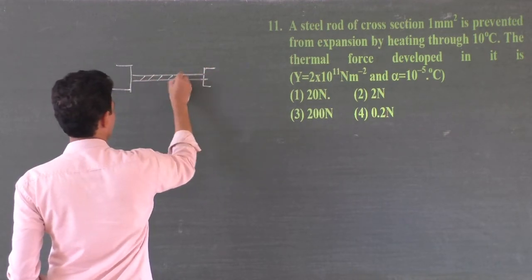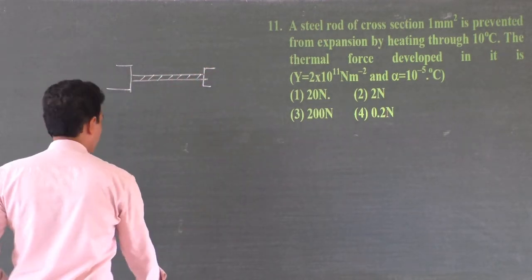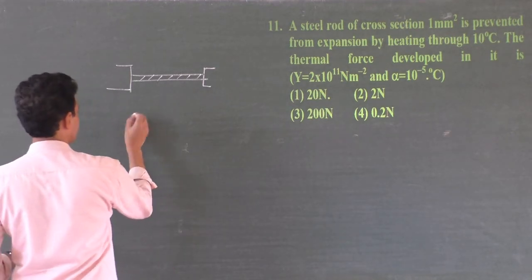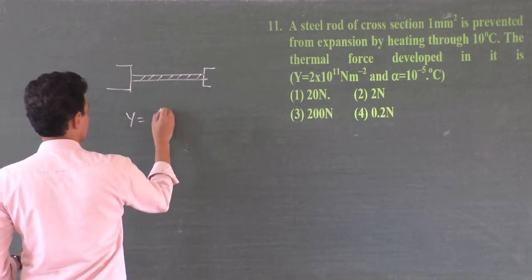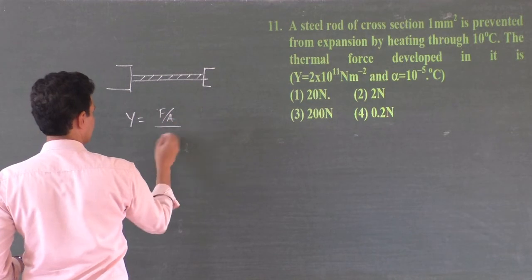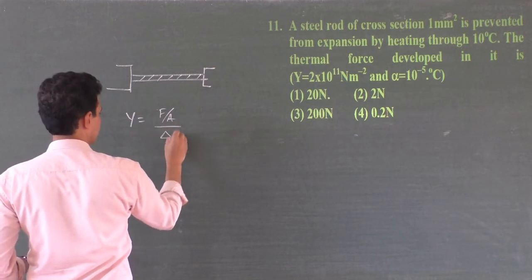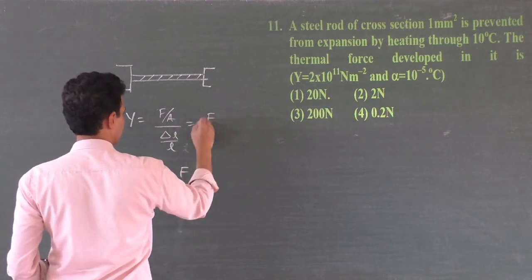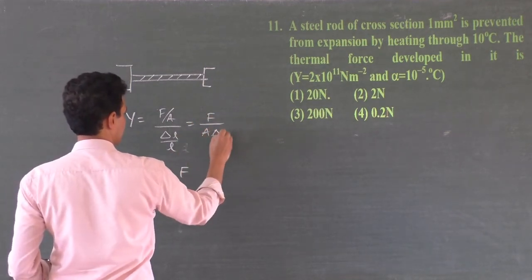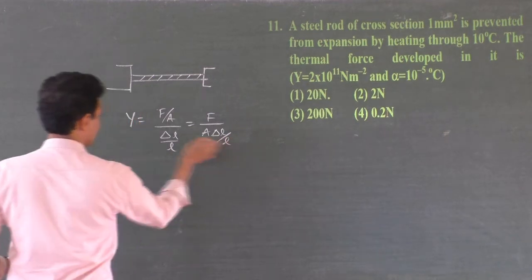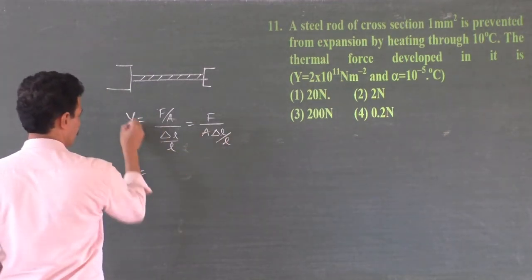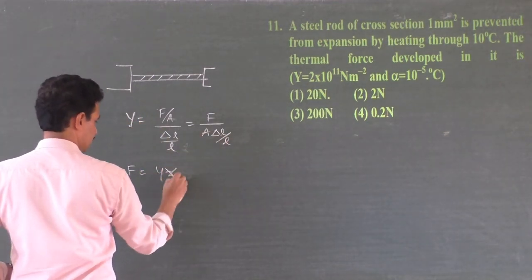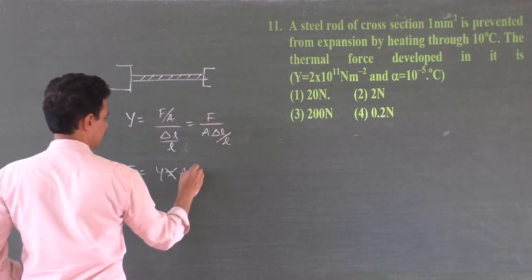A thermal stress is developed, and you know stress by strain is Young's modulus. Stress is force per unit area, strain is change in length by original length. So what is the thermal force? Of course you can write it as Y equals F by A into delta L by L. So bring this here: F is equal to Y into A delta L by L.